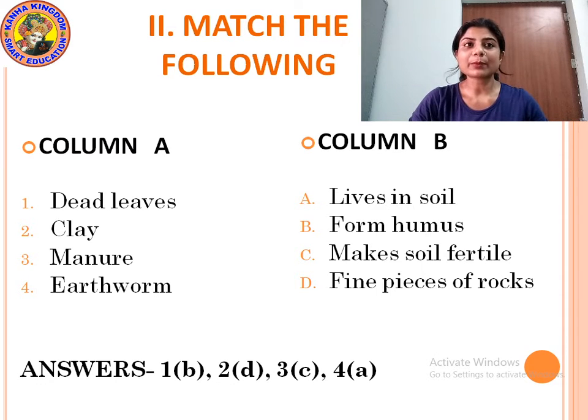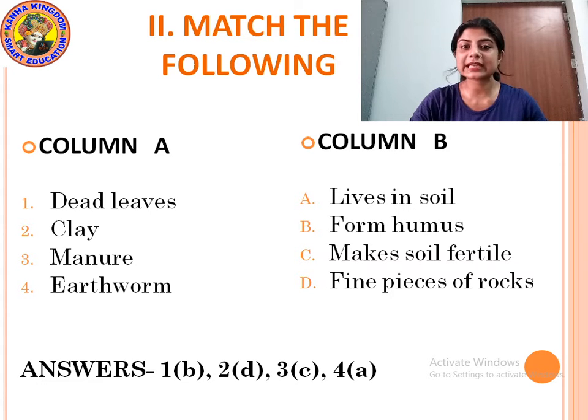So the answer of number 1, dead leaf. Dead leaves, the answer is B, forms humus. Dead leaves form humus. 1B. Number 2, clay. The answer of number 2 is D, fine pieces of rocks. 2D, clay, fine pieces of rocks.